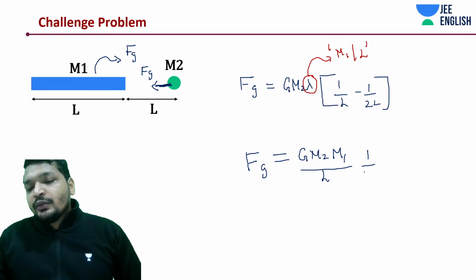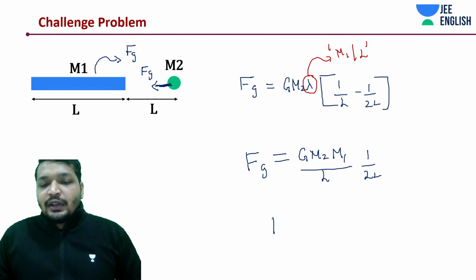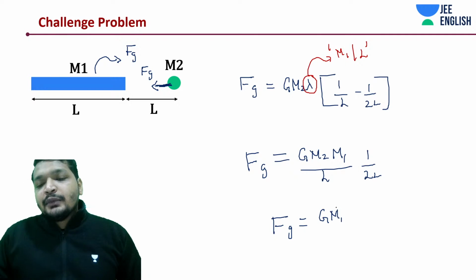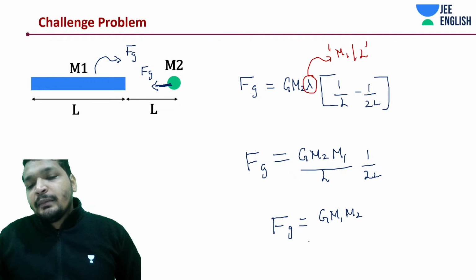This would be 1 by 2. The final value of Fg is going to be G m1 m2 divided by 2L square.